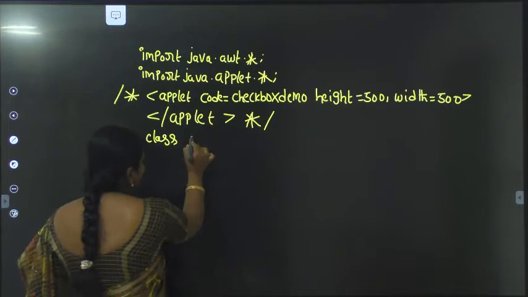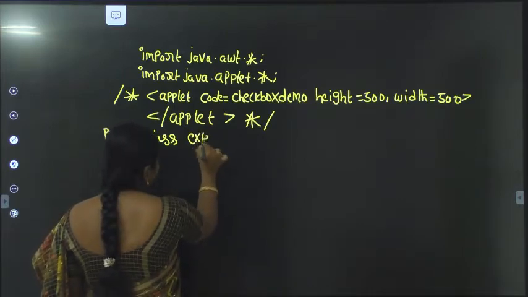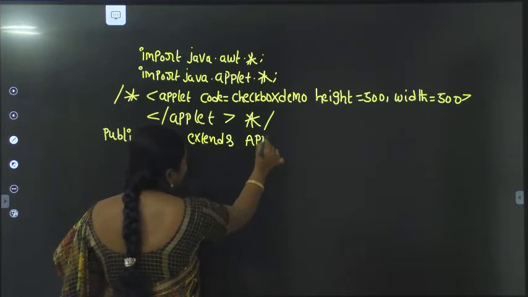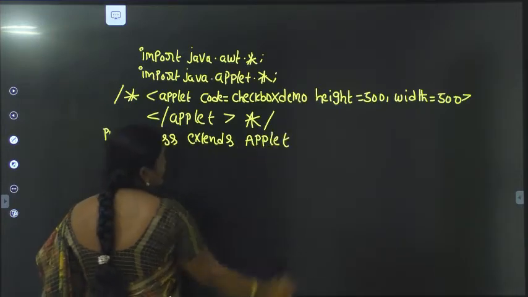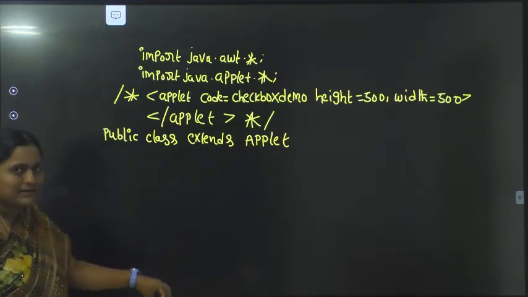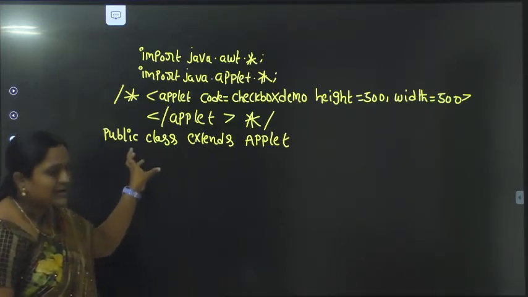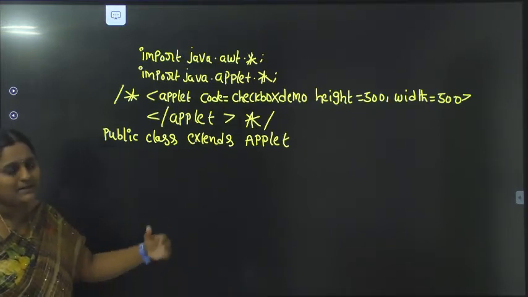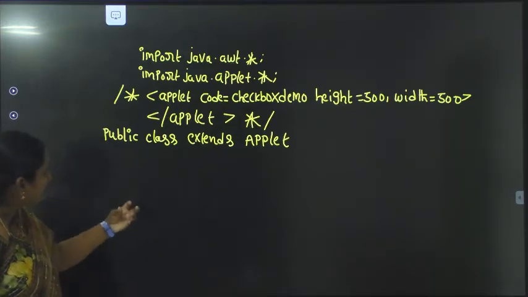So public class extends Applet. Our class is a subclass of Applet, so then only our class gets all the behaviors of the Applet class. So our class is inherited. What are the properties of the Applet class? All those properties would be applicable in our class.